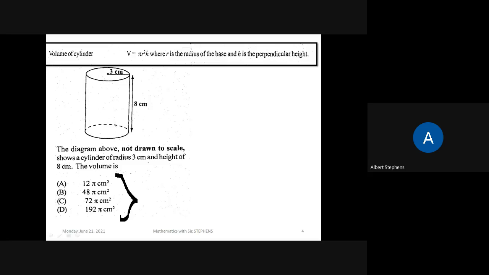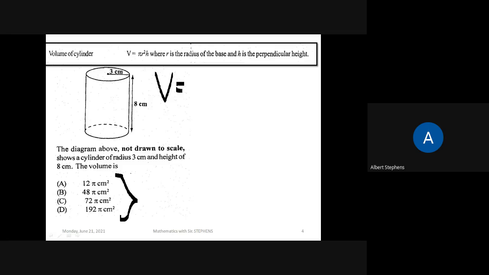And also pi. Pi, right. So normally we say that pi is equal to 22/7 or 3.14. But you notice they didn't give you a value of pi to work with. So what we do, we just include the pi in the answer. So we don't work out pi.